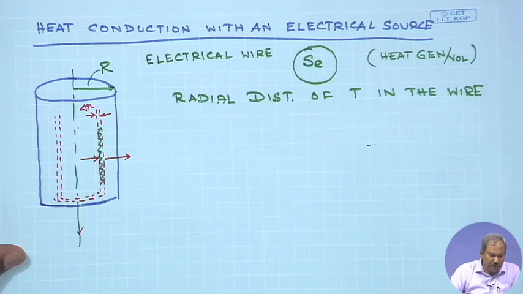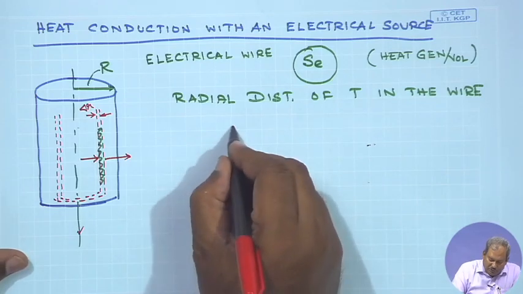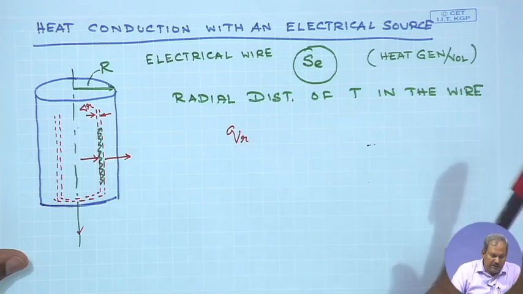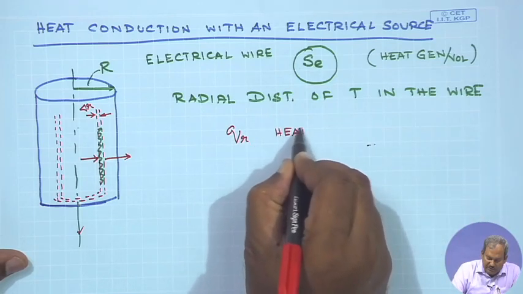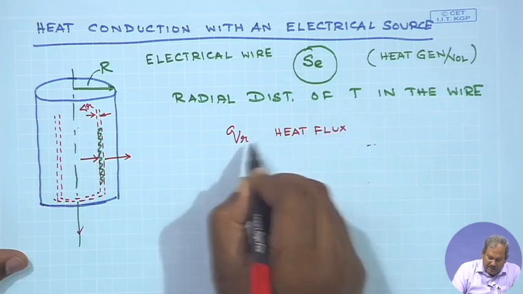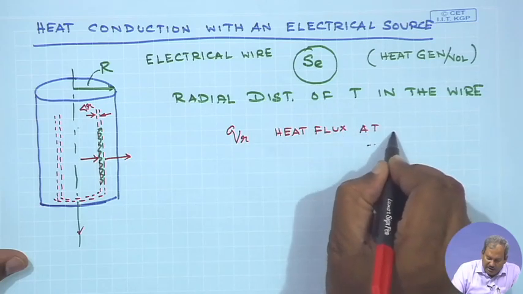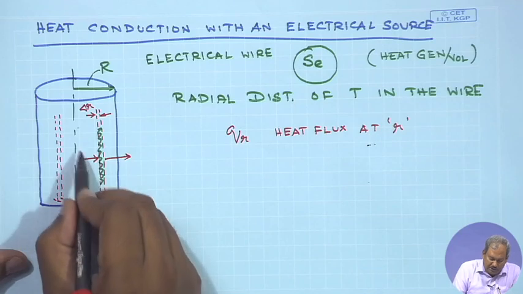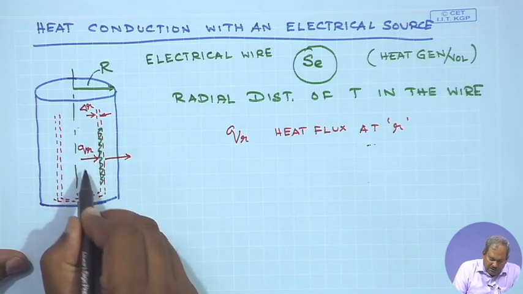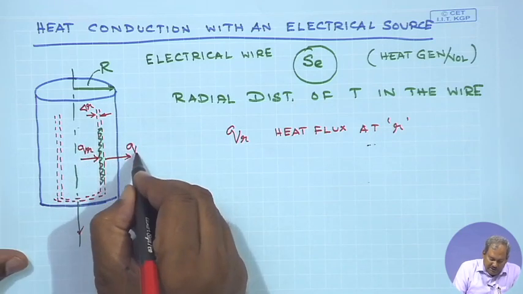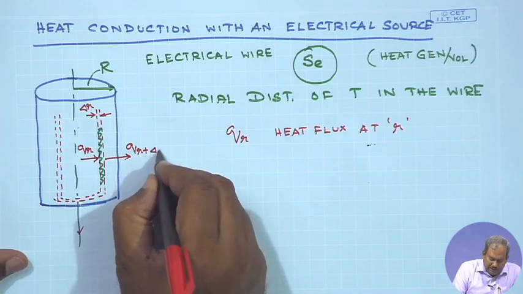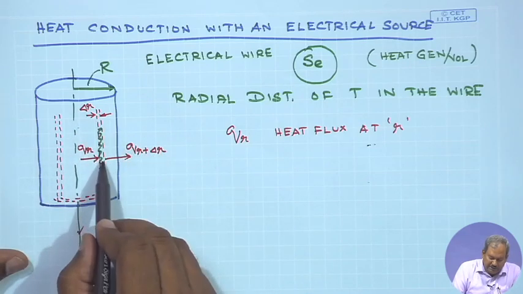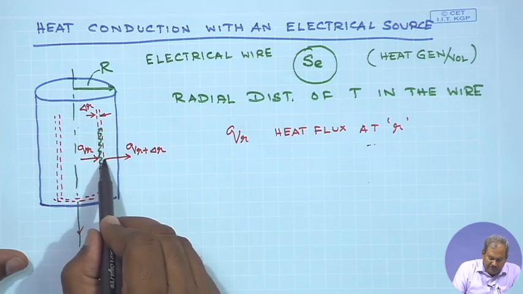So, if we think Q R is the heat flux at R, some value of R, this is Q R which is entering, and Q R plus delta R, since the thickness is delta R, is leaving this interface.